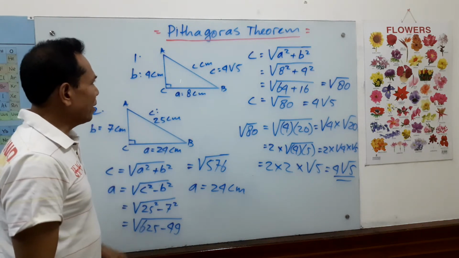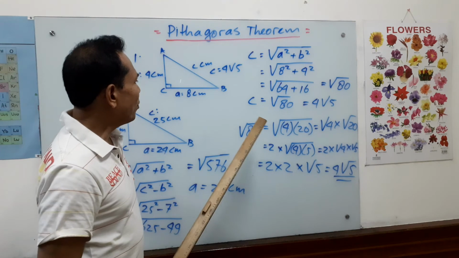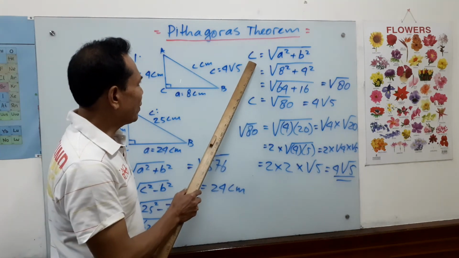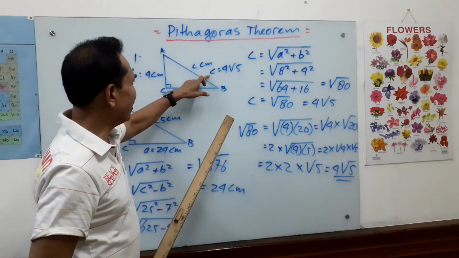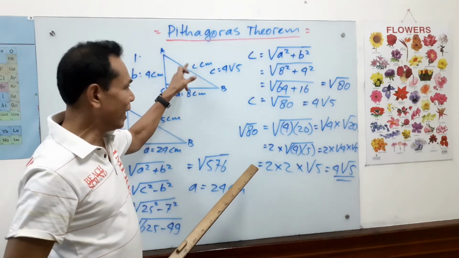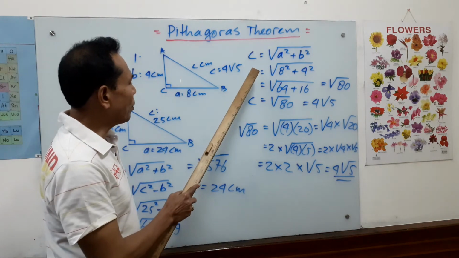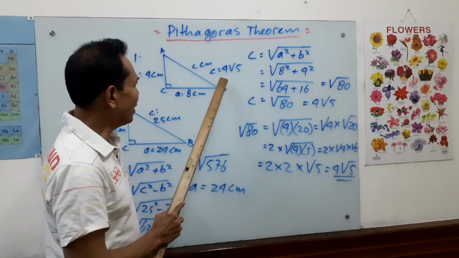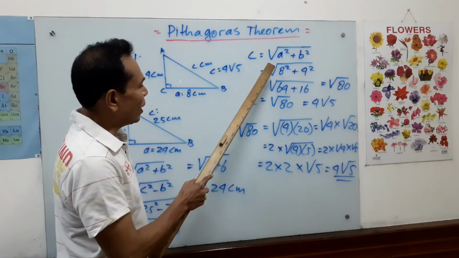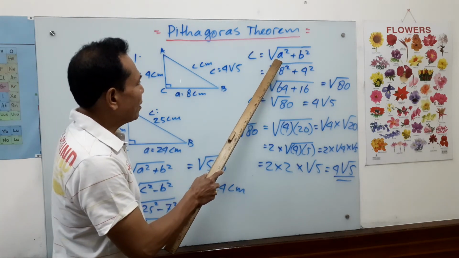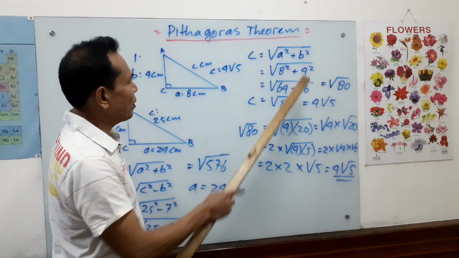And then this is the way how we work out. The formula is this here. To find the unknown side C, you use this formula. So C equals the square root of A square plus B square.